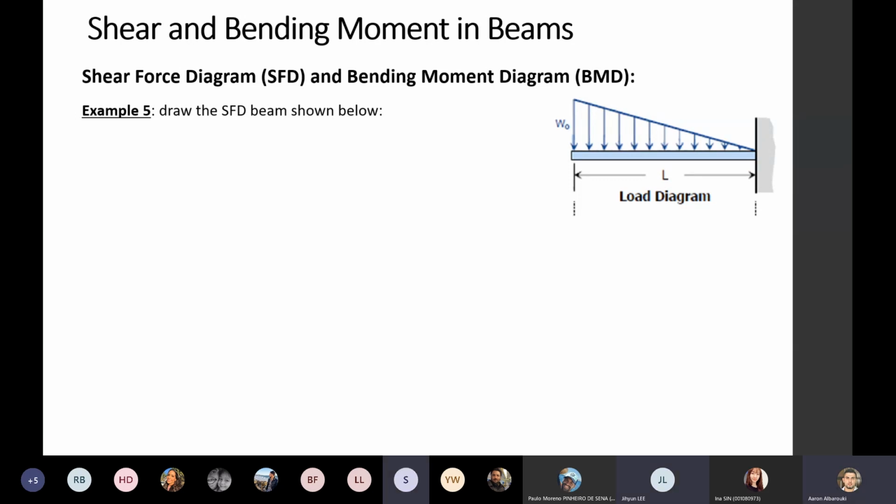Positive or negative? Negative sign, that will give me a decreasing curve. So all I know now is it's a decreasing curve. Perfect, almost more than half of the answer.